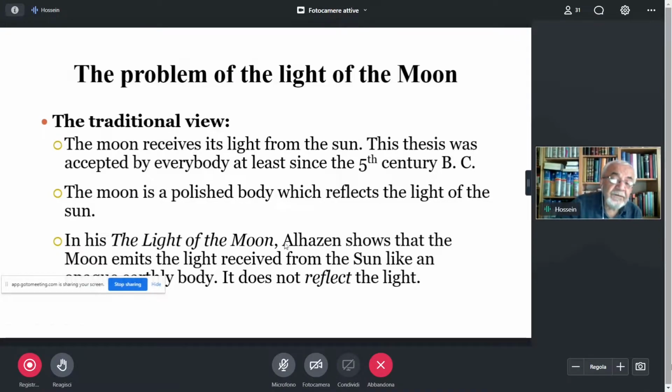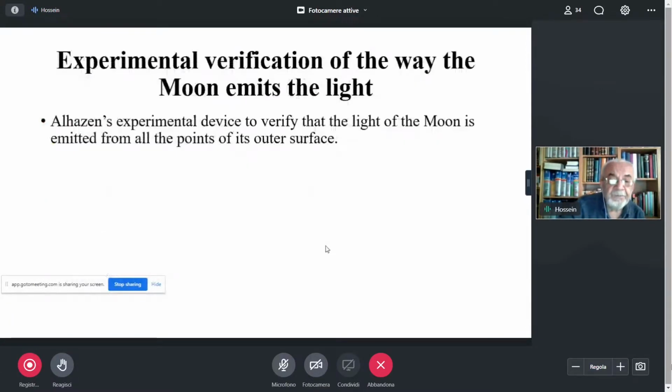In the treatise named The Light of the Moon, Ibn al-Haytham shows that the moon emits the light received from the sun like an opaque earthly body. That is, he shows that it does not reflect the light received from the sun toward our eyes.